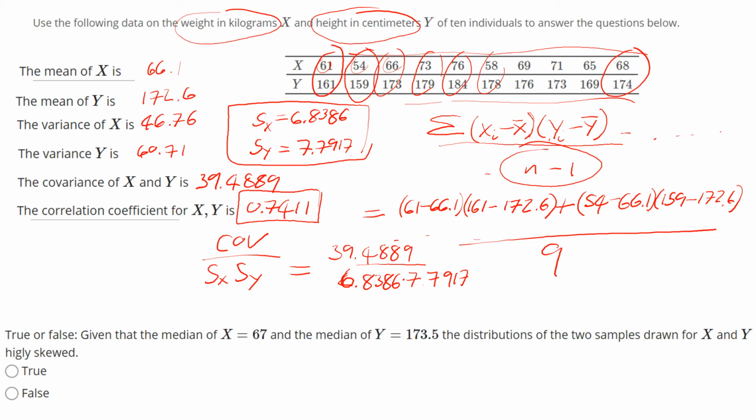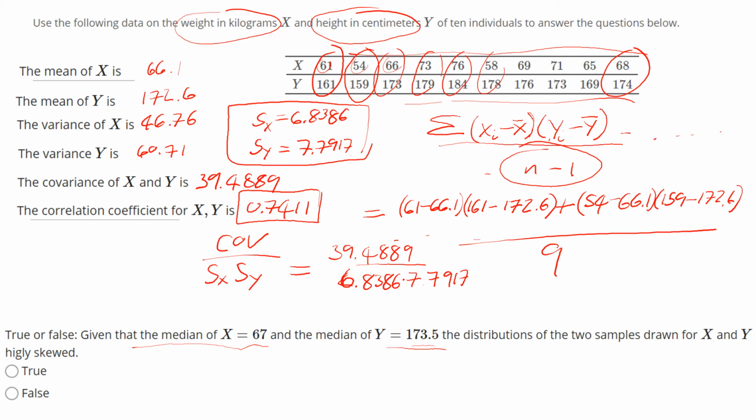Okay, next, true or false? Given that the median of x equals 67 and the median of y equals 173, and you can verify this, the distribution of the two samples drawn for x and y are highly skewed. The distributions are skewed, highly skewed, is the statement that's made there.